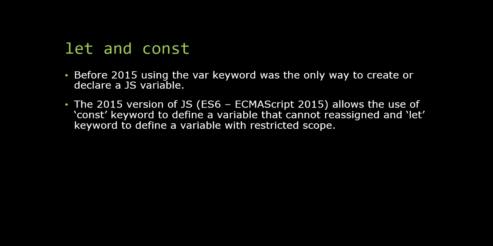Before 2015, using the var keyword was the only way to create and declare a JavaScript variable. After the 2015 version of JS, ECMAScript 6, ECMAScript 2015 allowed the use of the const keyword to define a variable that cannot be reassigned, and the let keyword to define a variable with restricted scope.